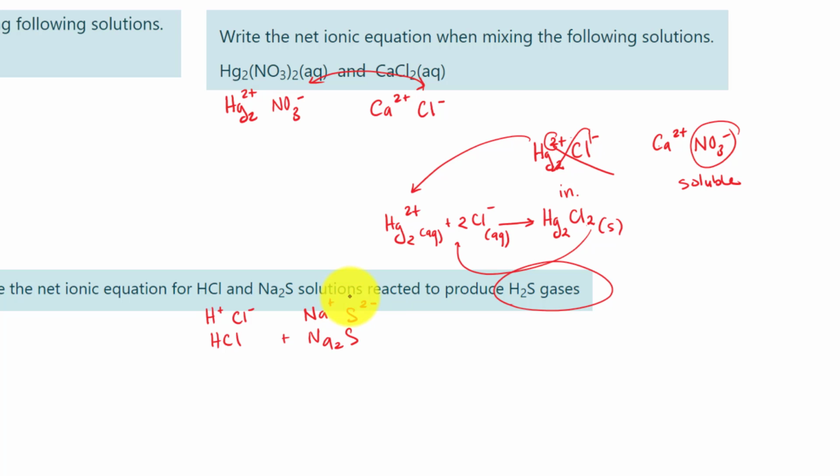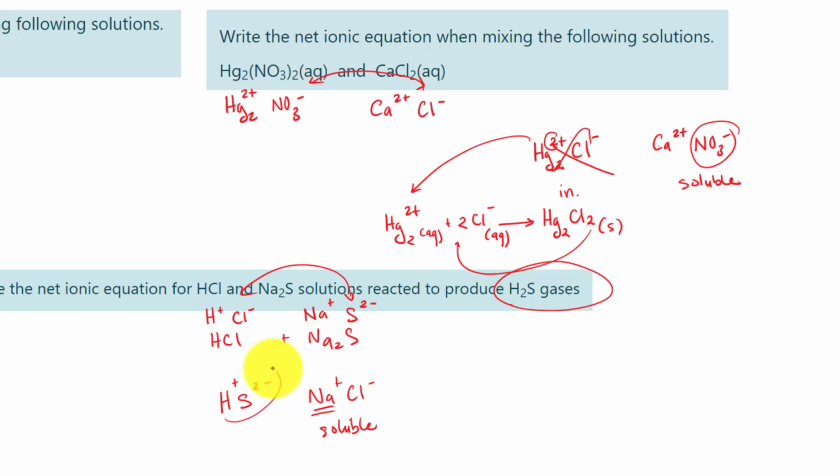So if that's the case, we just do the same basic strategy, okay? So we have H plus and S2 minus. And here we have Na plus and Cl minus. We know this is going to be soluble, okay? Based on group 1A, everything in group 1A is soluble.